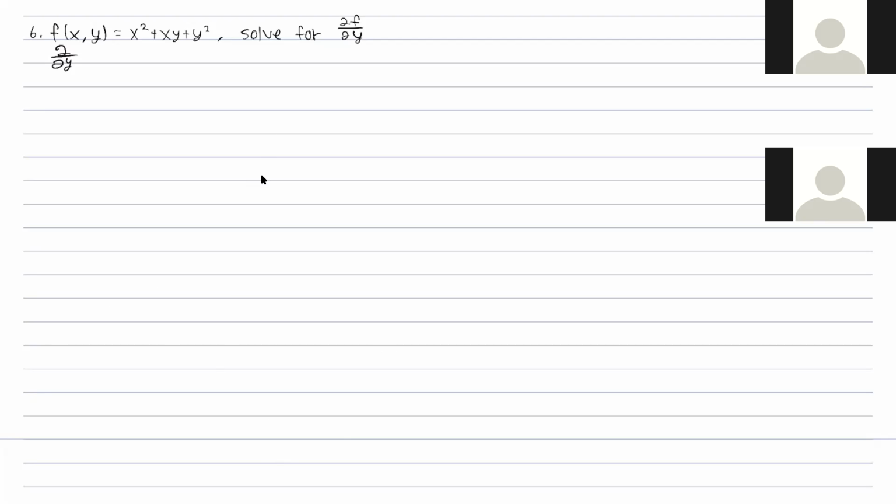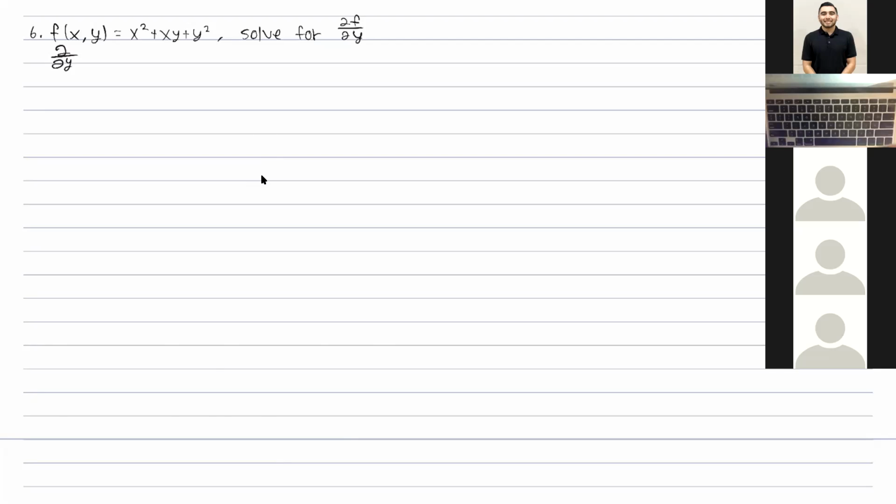Anyway, you're back. All right, so you guys remember taking a derivative of a single variable function? When taking the derivative of a sum of terms, you just apply the derivative to each term individually. So we're gonna go ahead and do that. Partial derivative of x squared plus partial derivative of xy with respect to y, and partial derivative with respect to y of y squared.